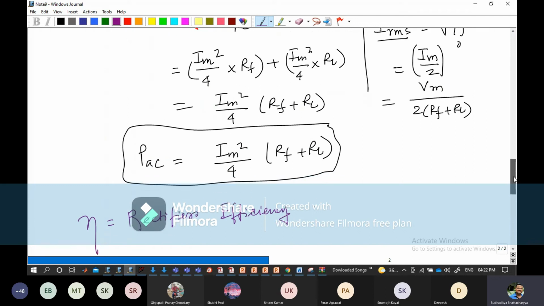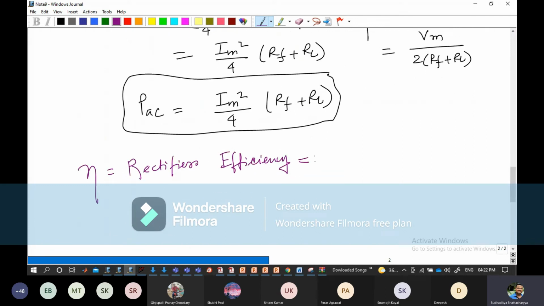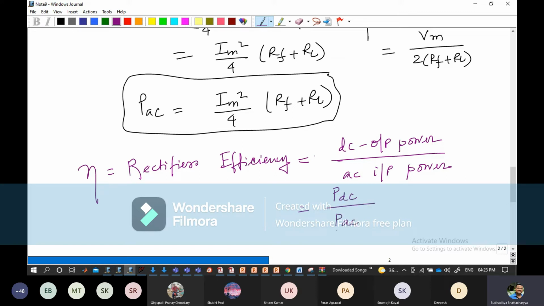So the equation of rectification efficiency is the DC output power to that of the AC input power. This is the ratio of how much has been converted from AC to DC. So in a way, we can say eta is equal to PDC by PAC.